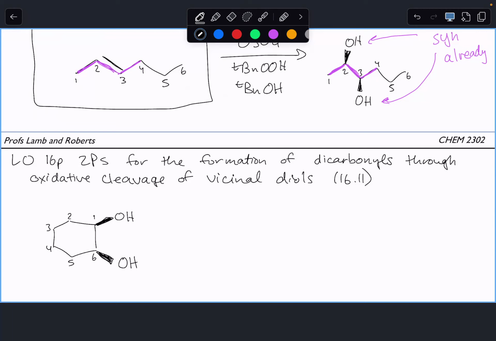So this is a vicinal diol because the hydroxyl groups are on neighboring carbons, right? Our reagent for this is periodic acid, so HIO4. Periodic acid.